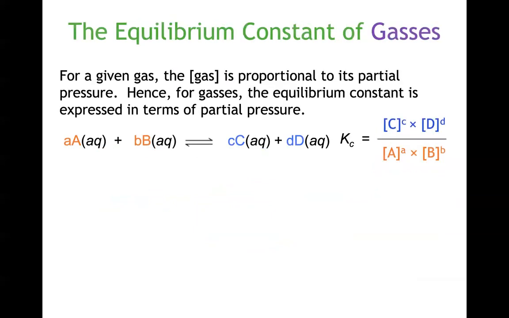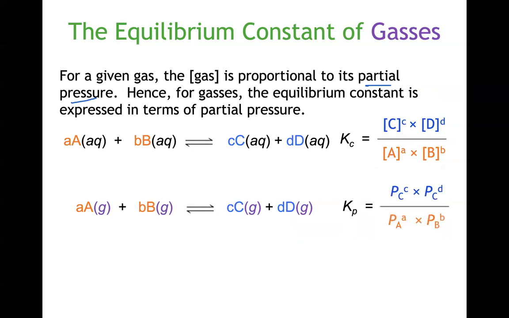What about if we have gases? Well, if we think about the concentration of a given gas, it relates to the partial pressure of that gas. So anytime we're expressing the equilibrium constant for gases, we can also express it in terms of partial pressure.